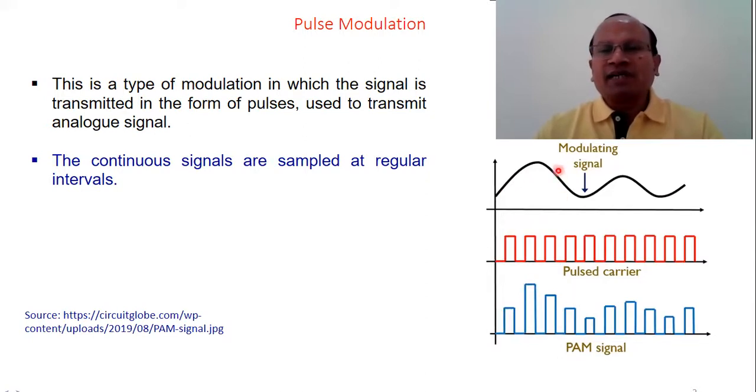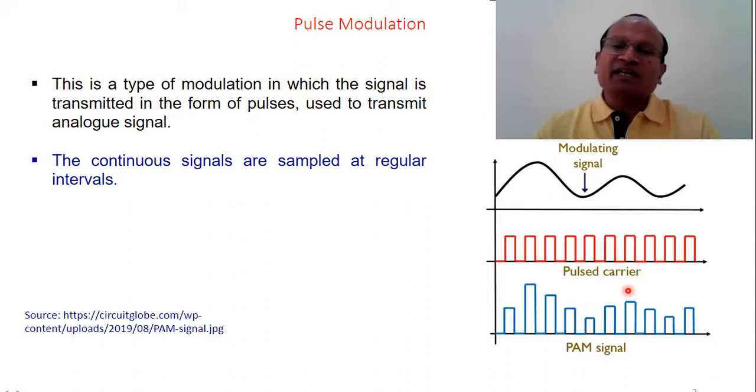When the modulating signal amplitude is decreasing, that is instantaneous value is decreasing, you look at the pulses, especially the amplitude of the pulses is decreasing. Again, the instantaneous value of modulating signal starts increasing. So you can see here the amplitude of pulses is also increasing.